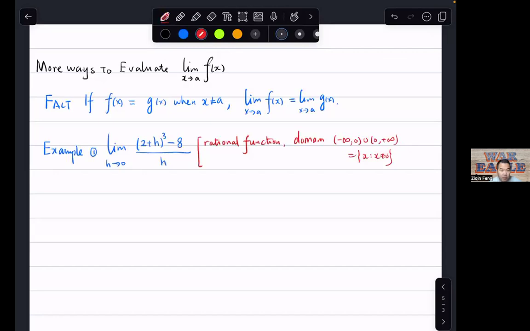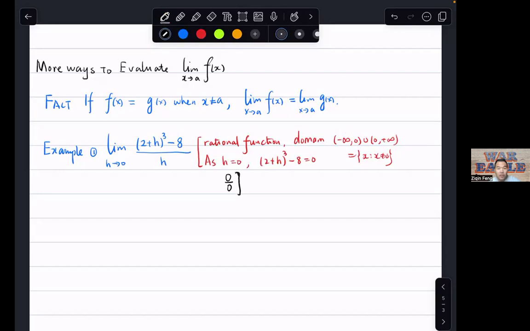If you try to plug in 0, as h equals 0, the numerator (2 plus h) cubed minus 8 also equals 0. So we have a short notation for this kind of limit, which is 0 over 0, because as h goes to 0, both numerator and denominator go to 0.